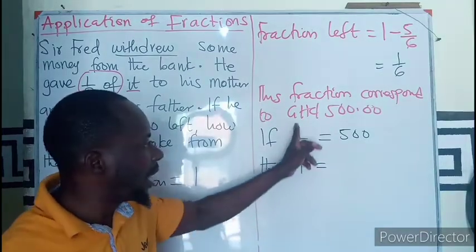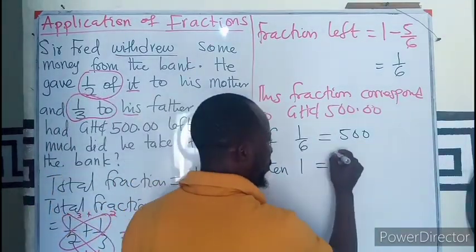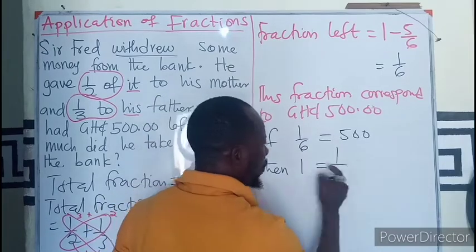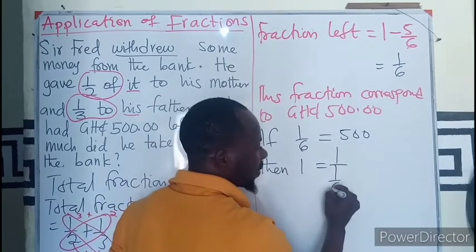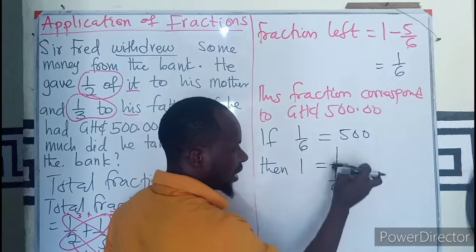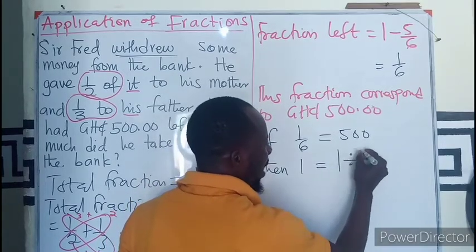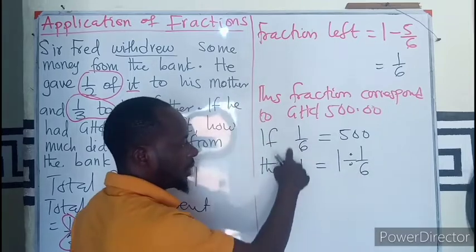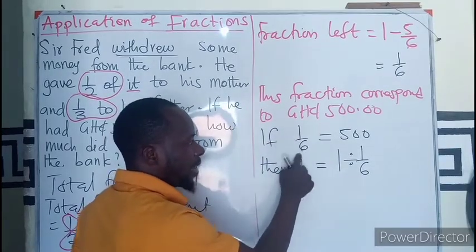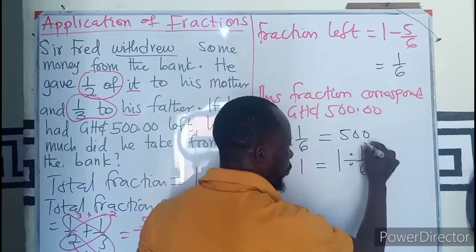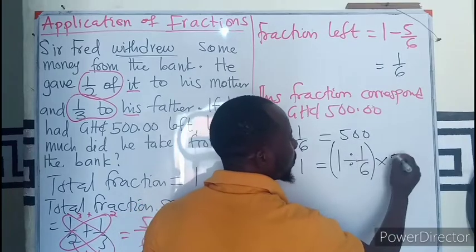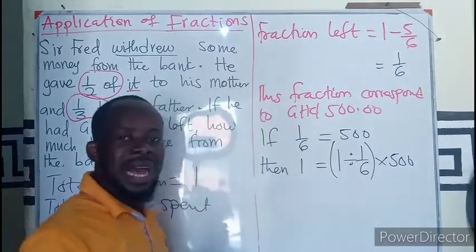So if more, less, divide, meaning 1 over 1/6. If I don't like to write it this way, I can say it as 1 divided by 1/6, which is the same thing. This 1 divided by this fraction, then this result will be multiplied by 500 as we have.